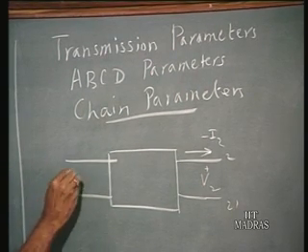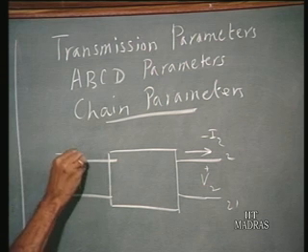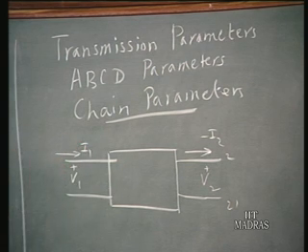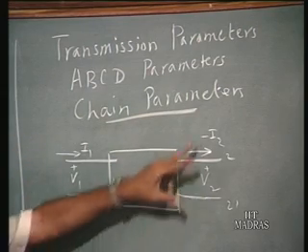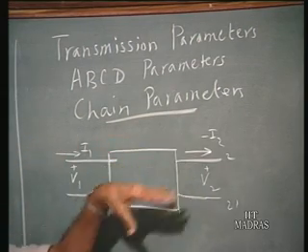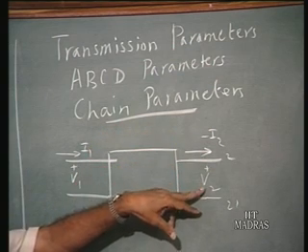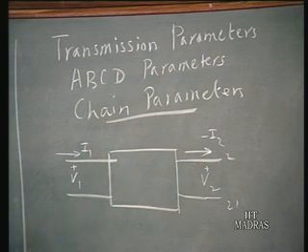At the receiving end of the transmission line, let us say V1 and I1 are the voltage and current. So, we can think of V1 and I1 as the quantities at the sending end, and V2 and I2 as the quantities at the receiving end, like a transmission line. The current is going out of the transmission line. This is the terminal voltage at the receiving end, and the terminal voltage and the current at the sending end.